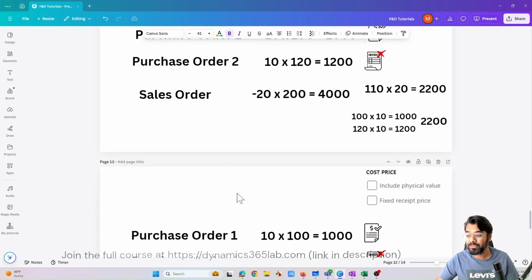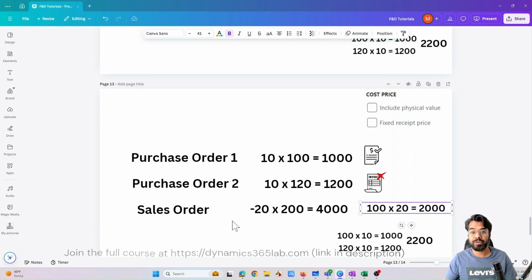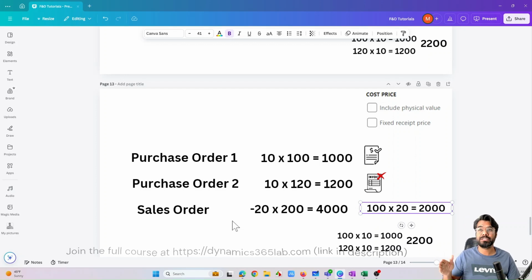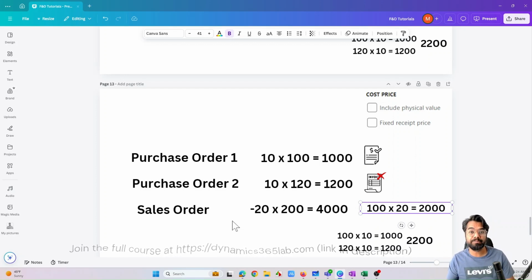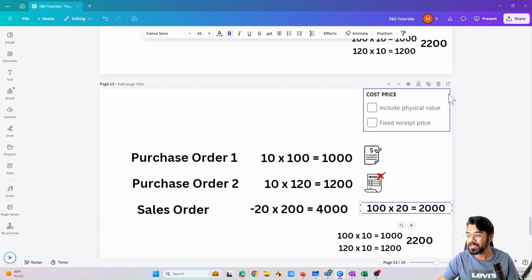Whereas if in your scenario you always tend to sell your stock only after you invoice it, so it's very straightforward. In such cases it is easier and simpler to just disable the physical value checkbox.